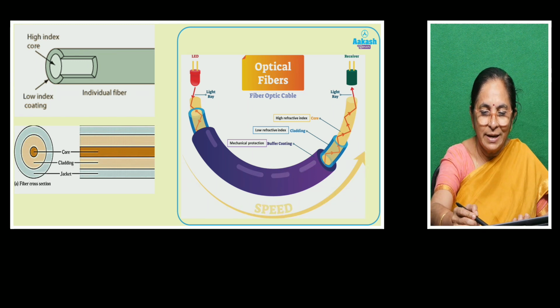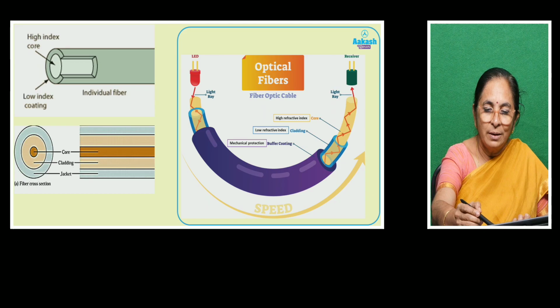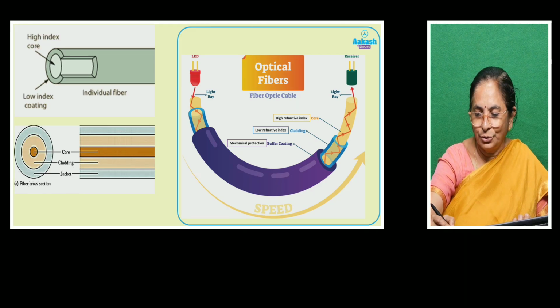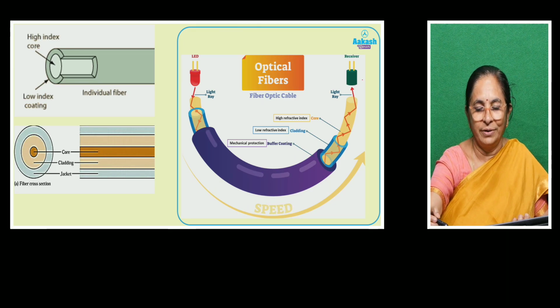So the light ray sent by the LED source or the laser diode, at certain angle, is allowed to enter into the cable. So it undergoes multiple total internal reflections and comes out at the other end, where with the help of the receiver, the light ray can be received and data can be retrieved. So this is an optical fiber.